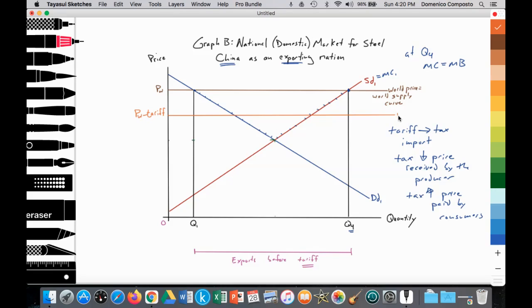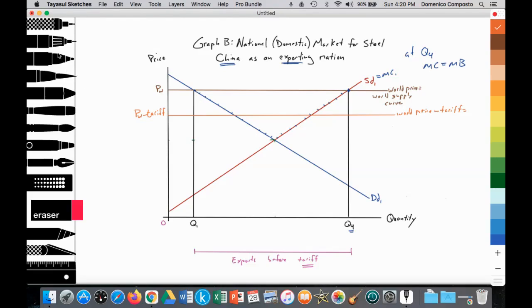And we can state that this is the world price minus the tariff, which is also equal to the world supply curve minus the tariff.